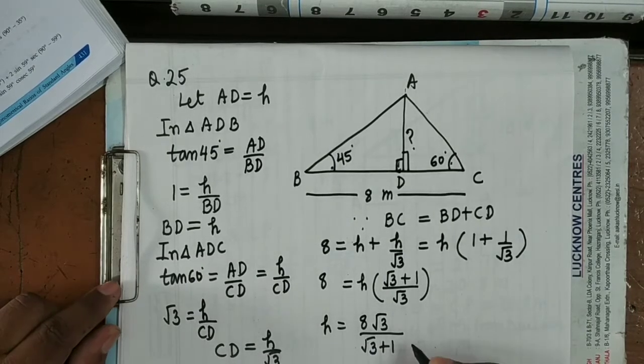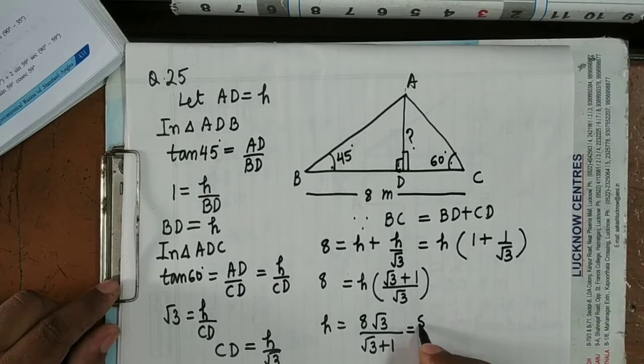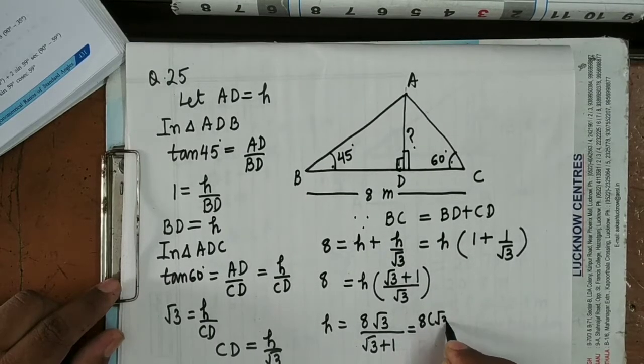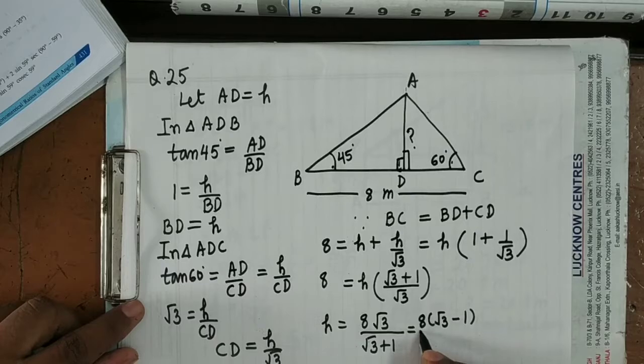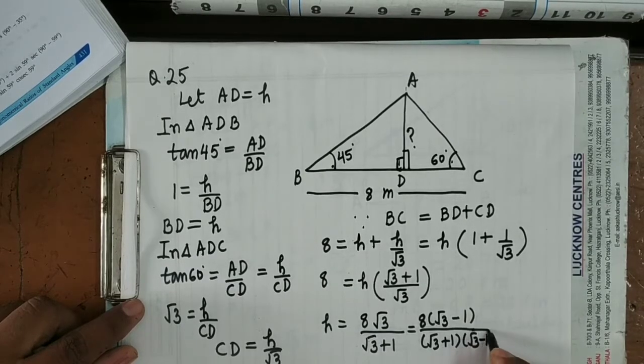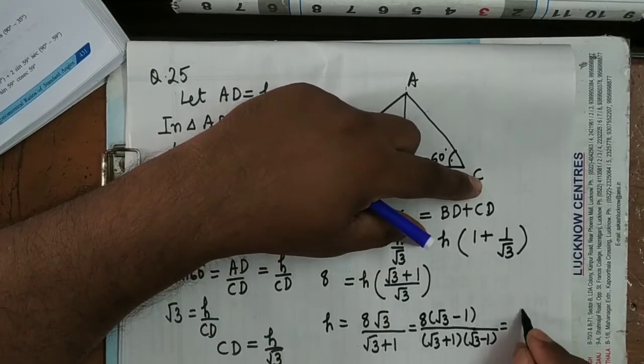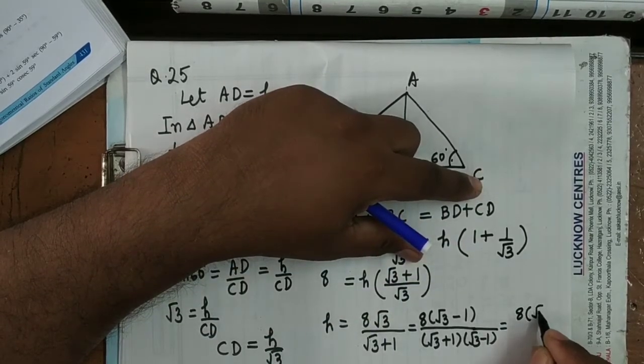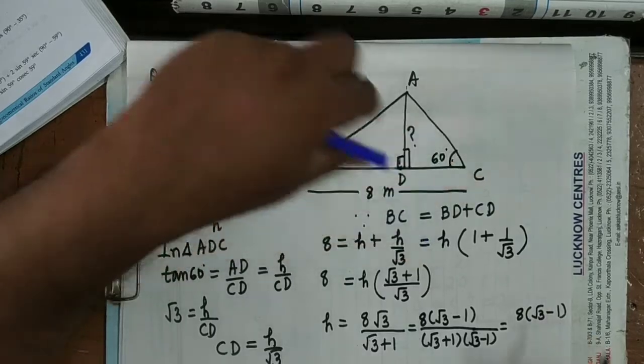Now after this we will rationalize it. How will you rationalize? Multiplying with the conjugate of the denominator, the rationalizing factor of the denominator. So when you simplify it, it is 8 root 3 into root 3 minus 1.